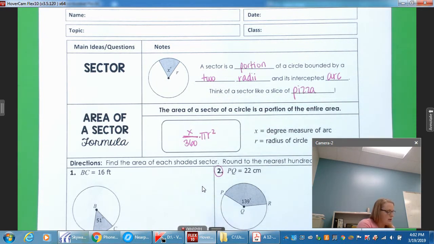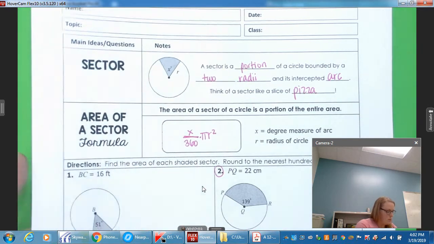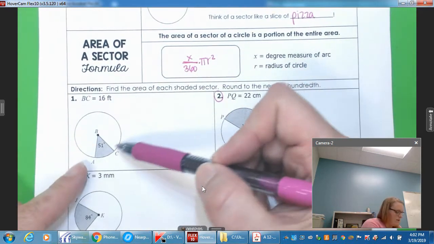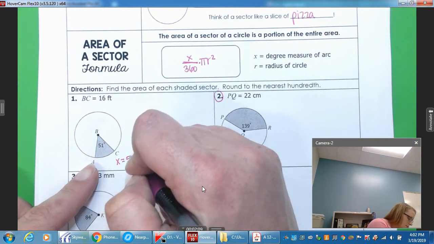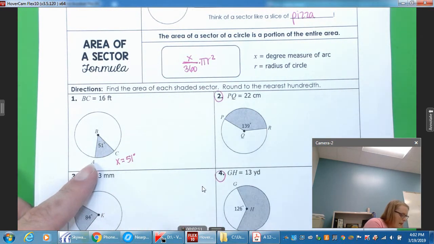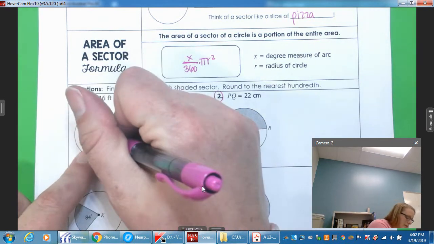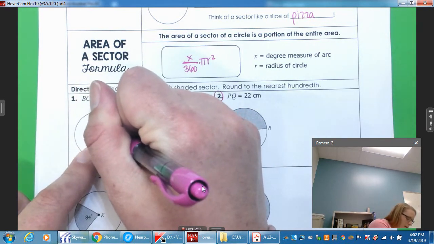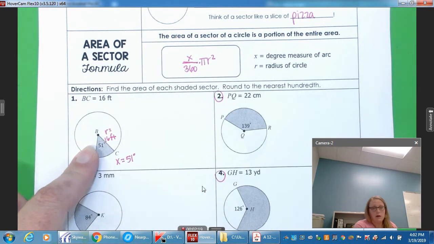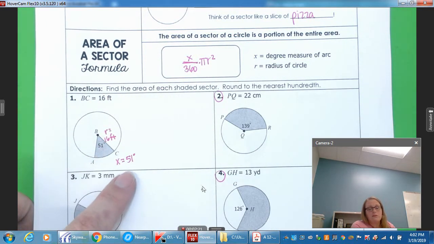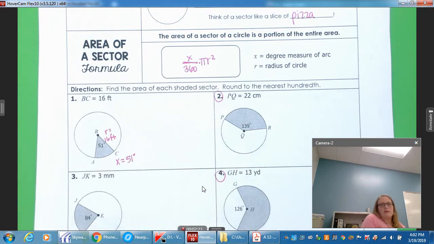Okay, so let's look at number 1 together. Number 1, it's wanting me to find the area of that shaded sector there. Here, my x is going to be 51 degrees, and it tells me that BC is 16 feet. And that's my r. Okay, r equals 16 feet. So what I'm going to do is use 16 and 51 and just plug them straight into that formula.